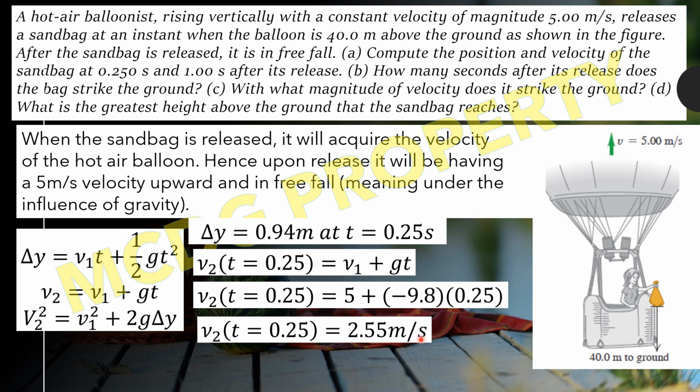You will obtain V equal to 2.55 meters per second when t is equal to 0.25 seconds. You can see here that the sign of the velocity after 0.25 seconds from the time it was released is positive, meaning the sandbag at 0.25 seconds is still on the way up.